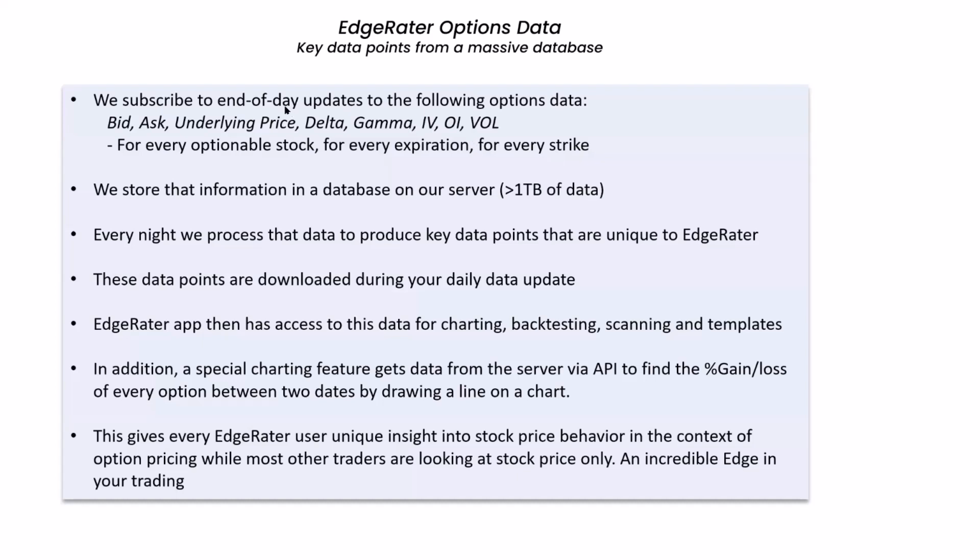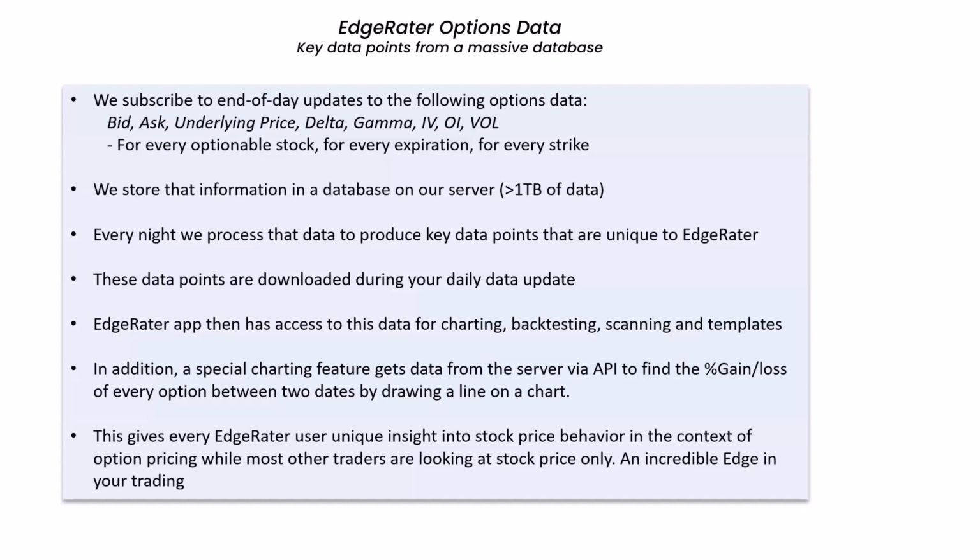So EdgeRater, we subscribe to end-of-day options data, and the data points we subscribe to are the bid and ask price, the underlying price, delta, gamma, implied volatility, open interest, and volume for every optionable stock, every expiration, and every strike. End-of-day data. That's a lot of information. We download that every day. We store it on our server. It's over 1 terabyte of data.